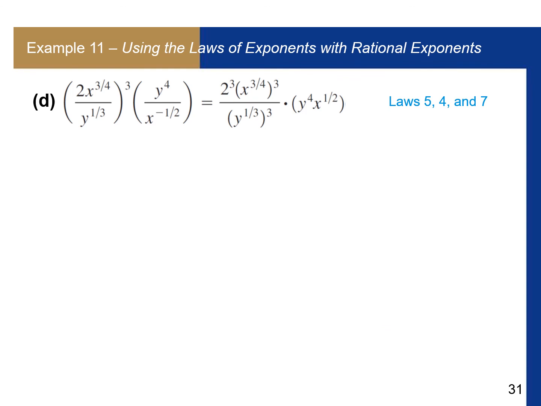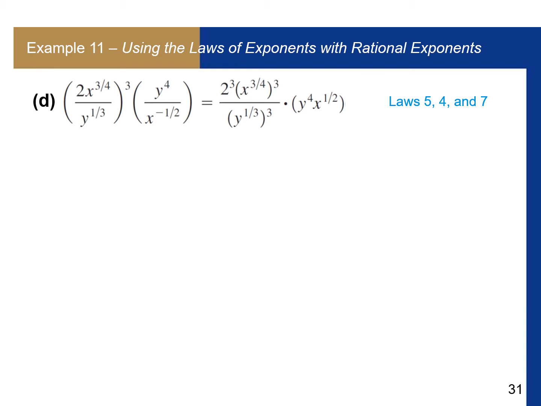Okay, so here we have 2x to the 3/4, y to the 1/3 on the bottom. We're going to take our value in. Then we're going to take a look at y to the 4th over x to the negative 1/2. Now keep in mind, x to the negative 1/2, you're going to bring that to the top and make it x to the positive 1/2.